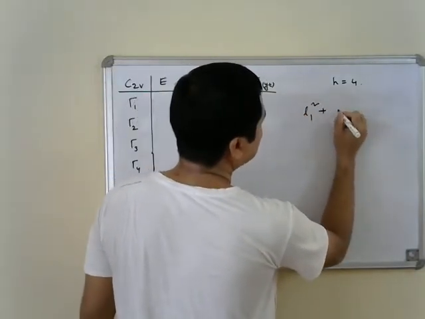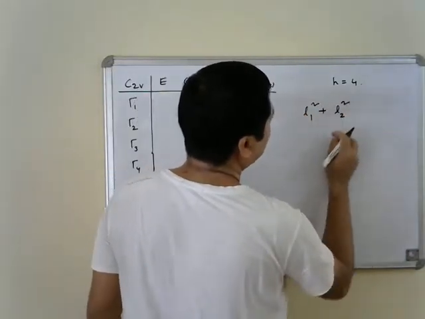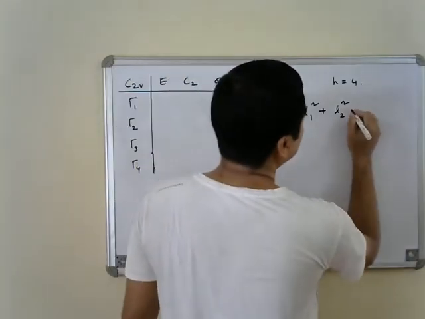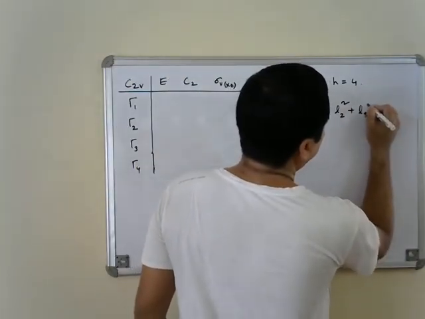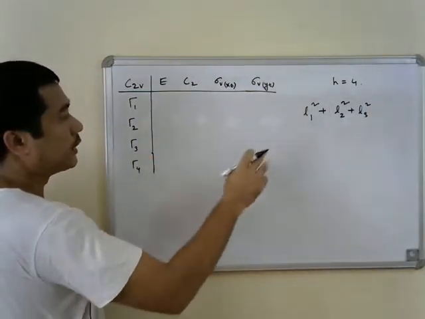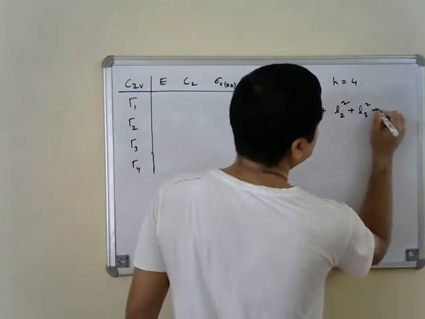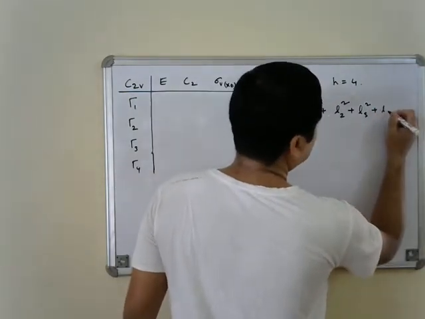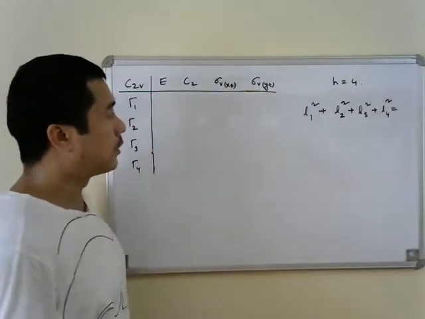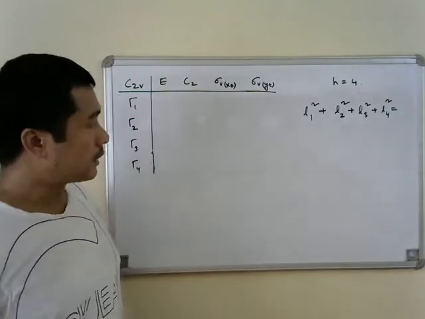So we take L1 square, and the dimension of gamma 2 is L2, so L2 square, and L3 square, taking the dimension of gamma 3 to be L3, while the dimension of gamma 4 is L4.